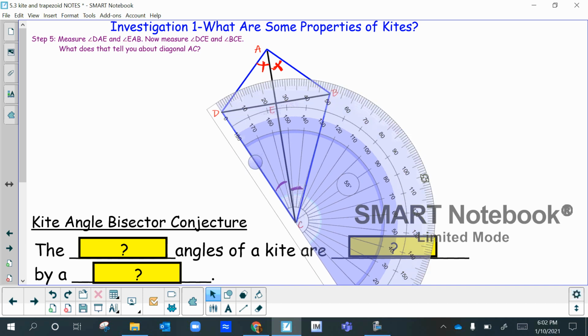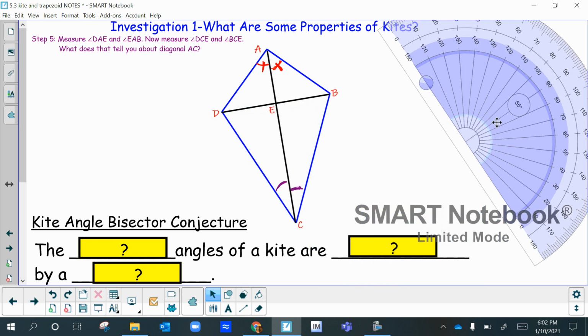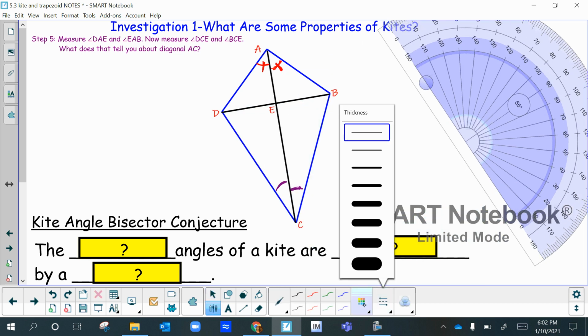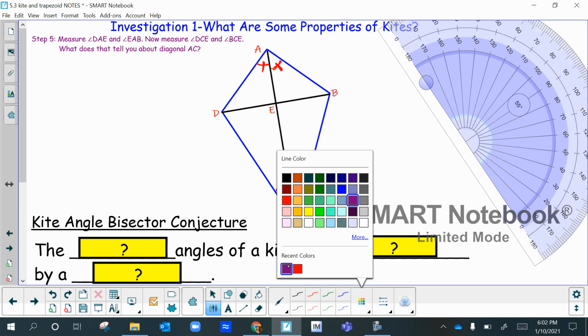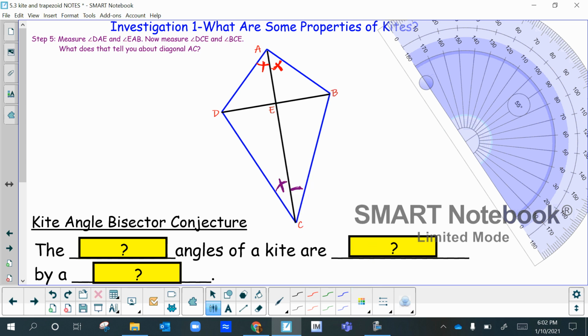There we go. Looks like it's right at the 25, and then now that's right at the 50 once you line up the protractor correctly. So that side is also congruent. This angle is congruent to that angle. Let's use 2 marks. So what does that tell you about the diagonal?